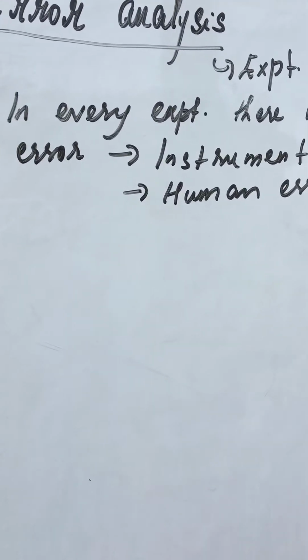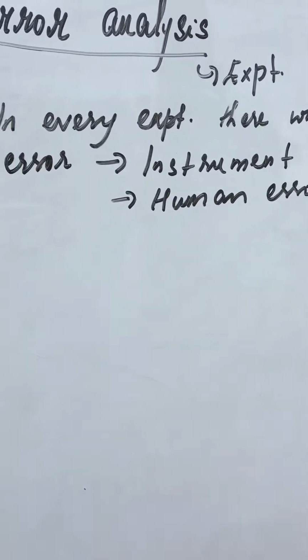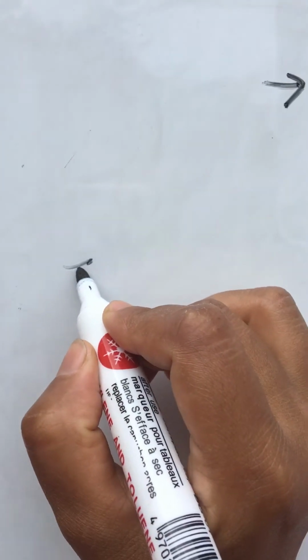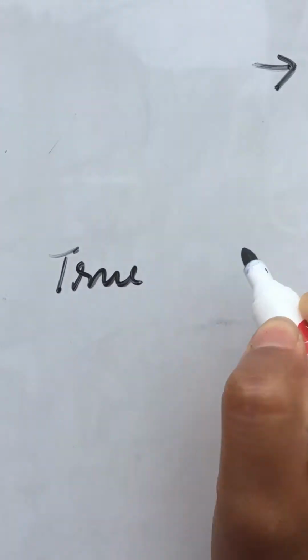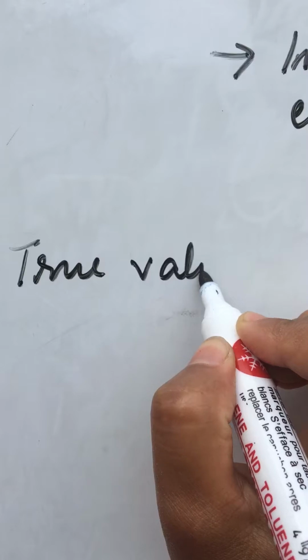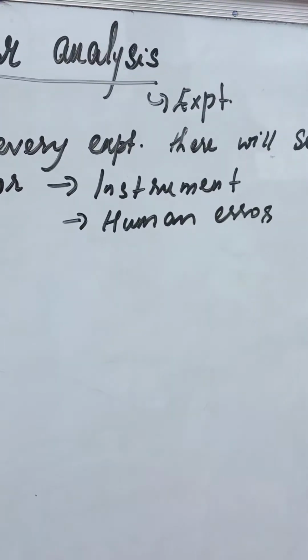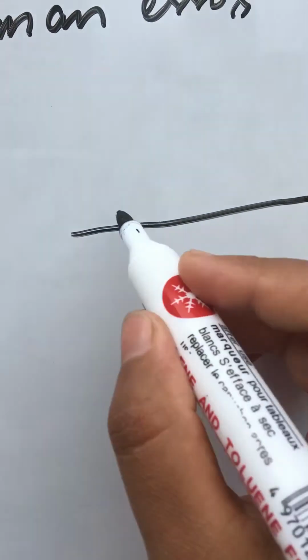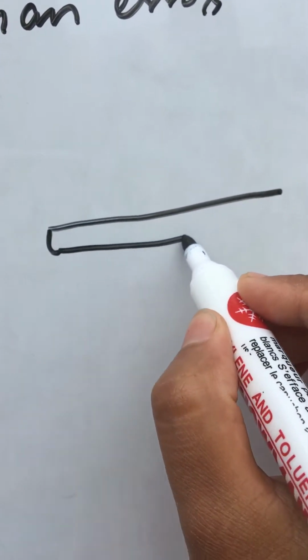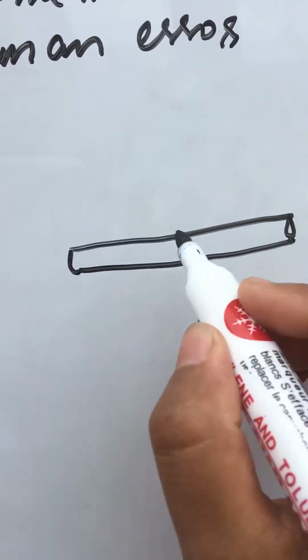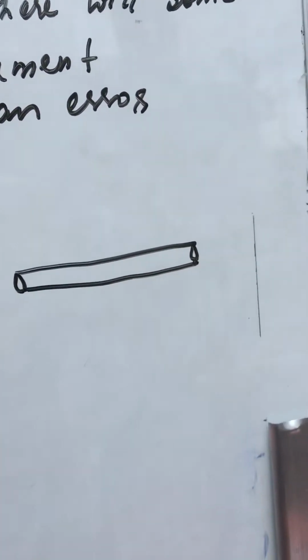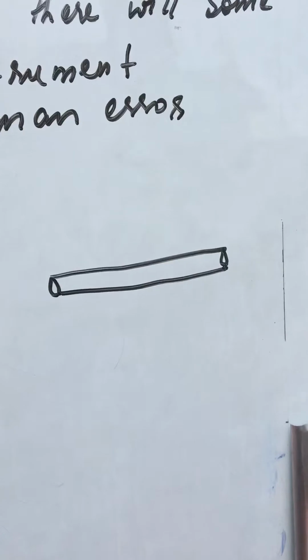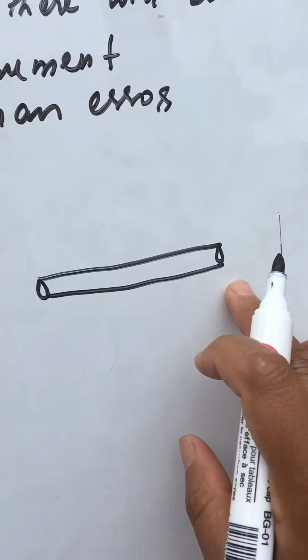Then we have an idea called the true value. Now, how do we know the true value of an experiment? To understand this, let me take an example. Suppose here is the length of a rod, and you have done an experiment to measure its length.